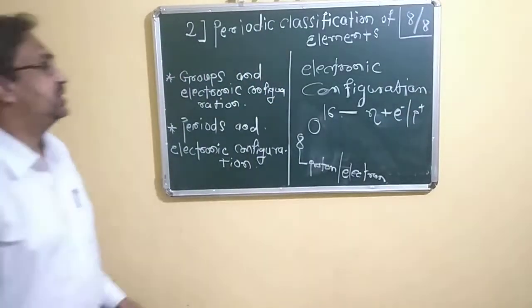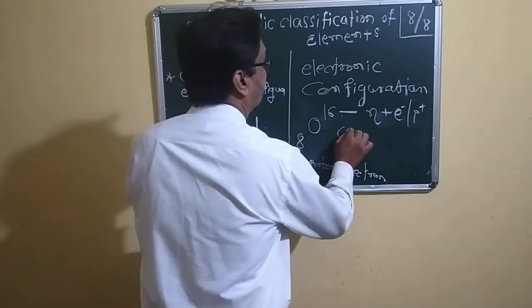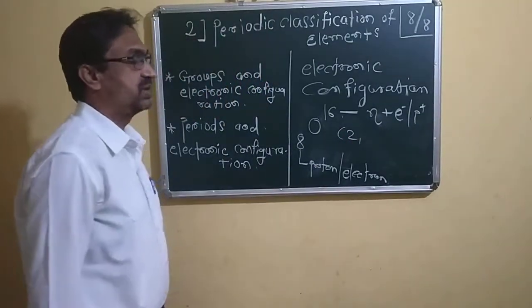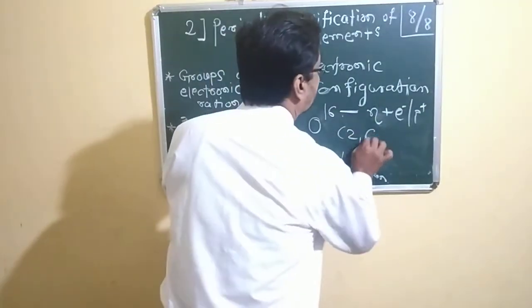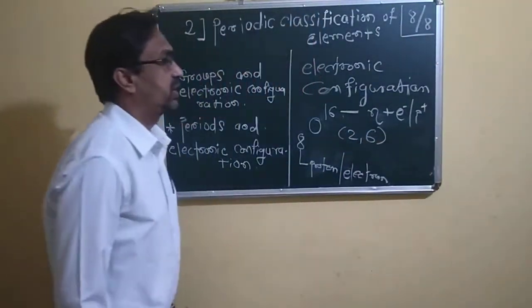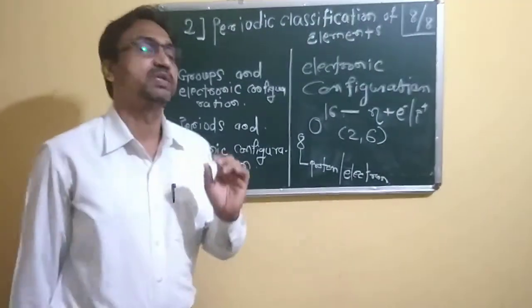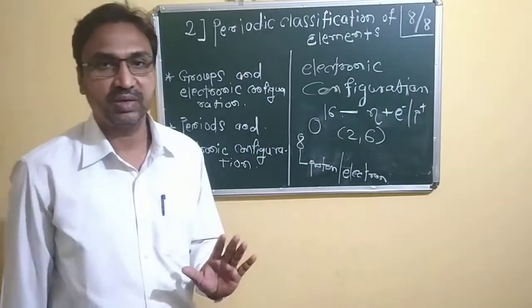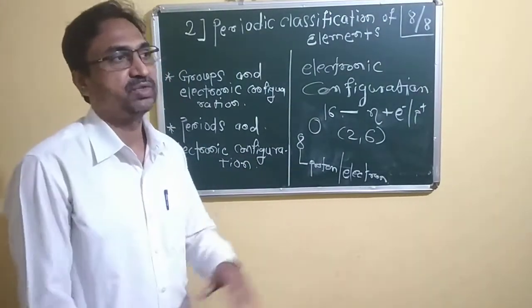So the electronic configuration of oxygen is: in the first shell it is 2 and the remaining is 6, that is 2, 6. We have already studied those things, but I am just recalling once again how to write those things, how to distribute, how to classify these electrons in different shells.